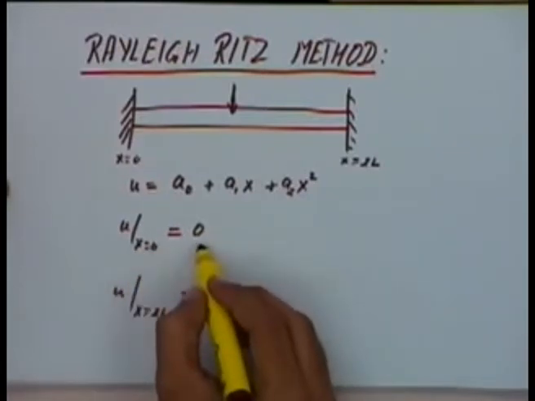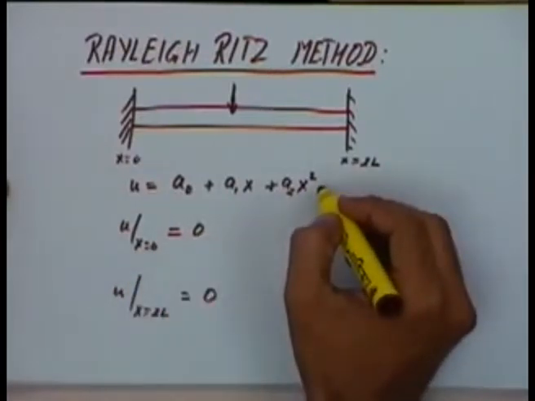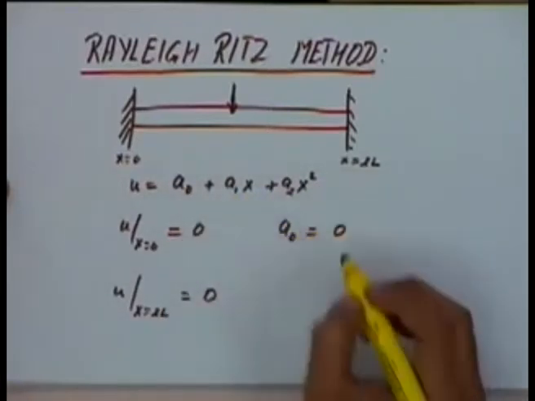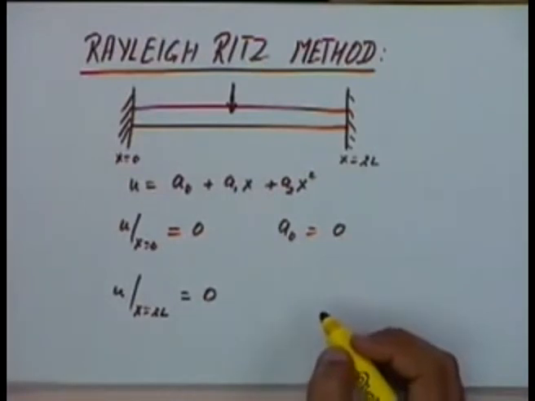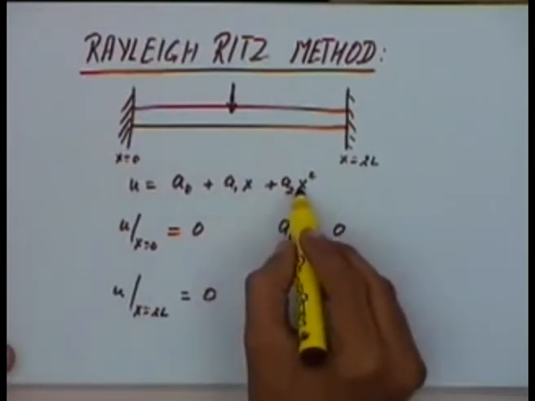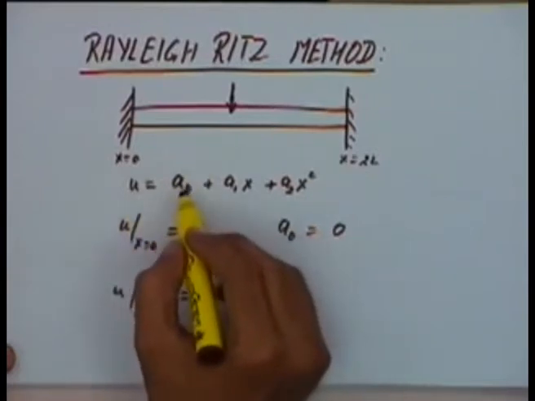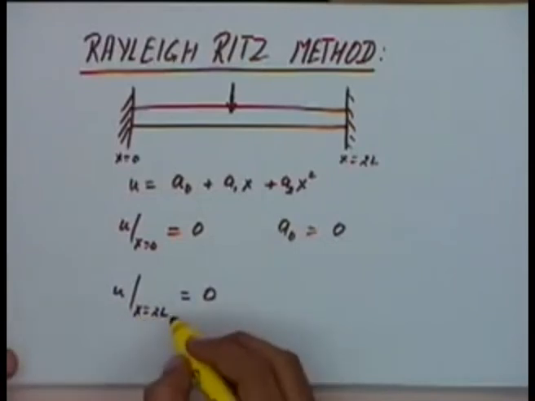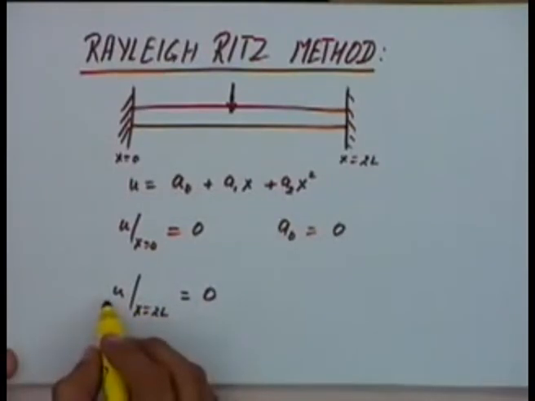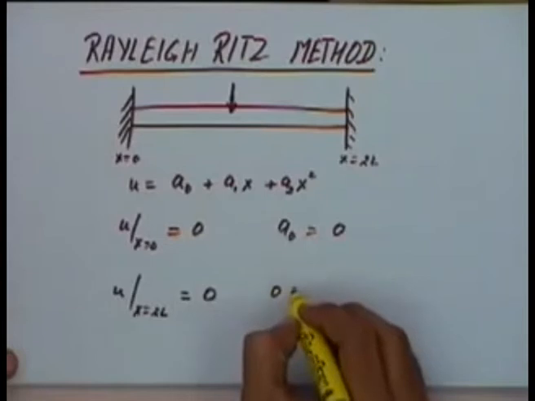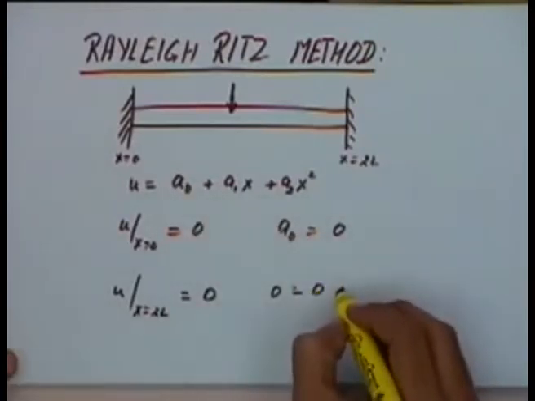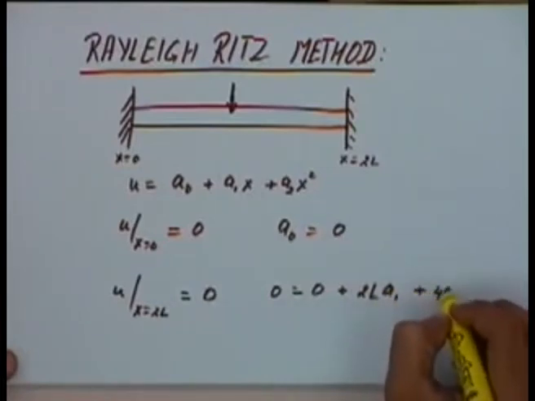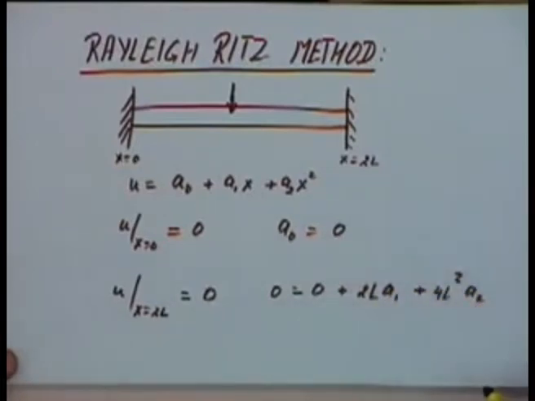If you use this expression and put it in this, what we will get is a0 equal to 0. At x equal to 0 these two terms will become 0, u is given to be 0, so a0 will be equal to 0. Now we put x equal to 2L and u equal to 0, so we get 0 equal to a0, which is known to be 0, plus 2L into a1 plus 4L squared into a2.